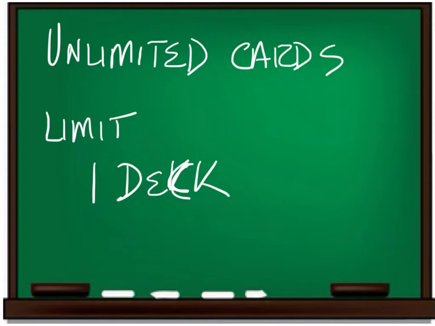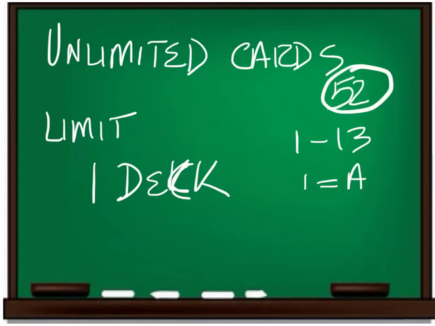If I choose a random number from 1 to 13 and it comes up 1, which is an ace, but I'm using one deck of cards that has how many in it? 52, then it's not going to work.